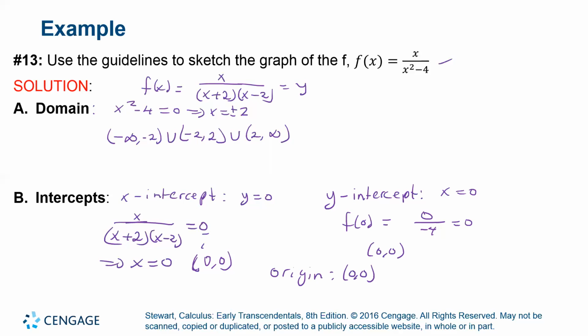Now, step 3, we want to find symmetry. We have f of x equal to x over x squared minus 4, right? So let's find f of negative x.